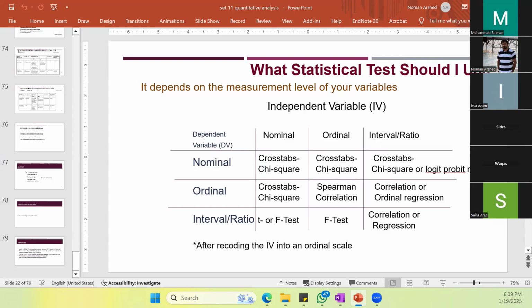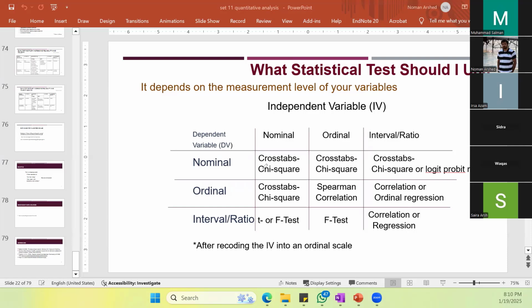Based upon the dependent variable, if we have a dependent variable changing from nominal to ordinal to ratio or interval. We already know what is meant by nominal data, ordinal data and ratio data. It's about the level of information in the data. And similarly, we have independent variables from nominal to ordinal to ratio or interval.